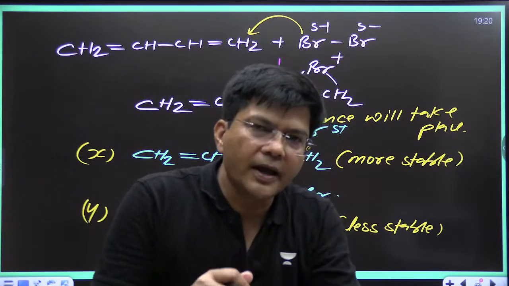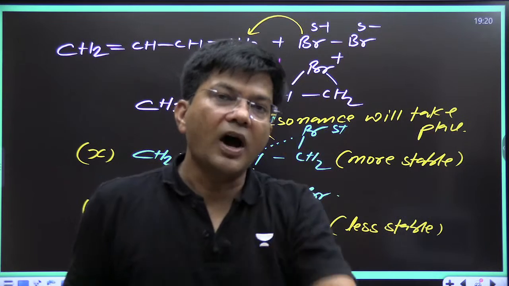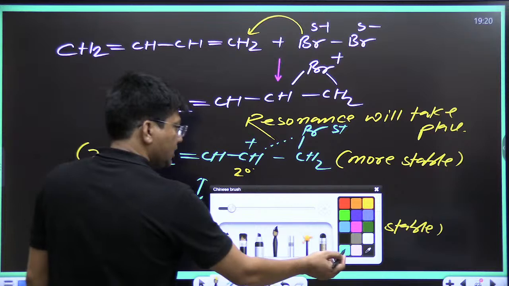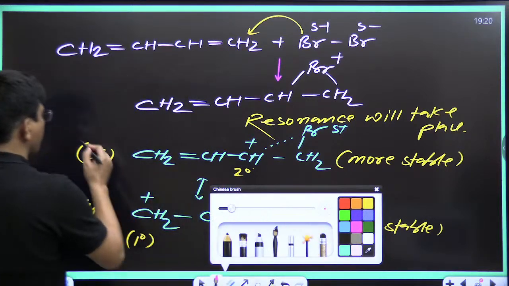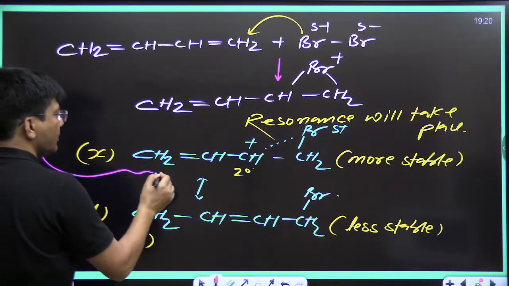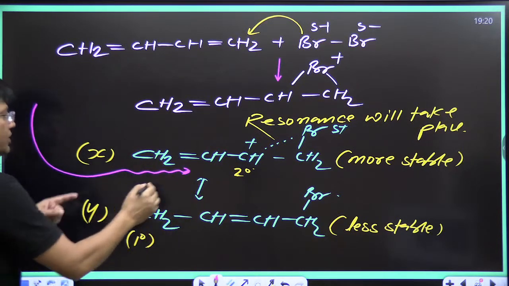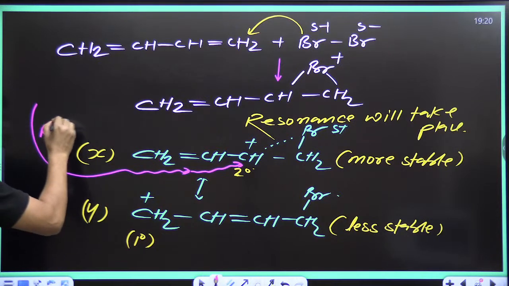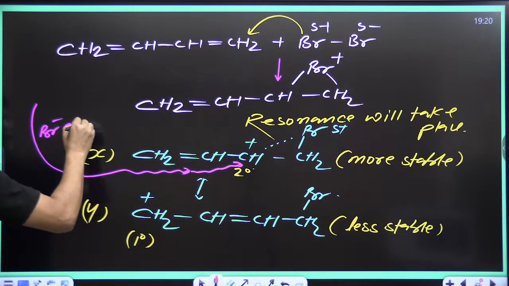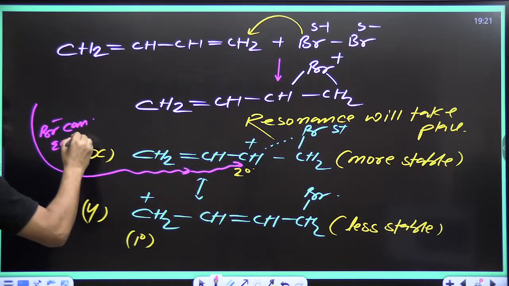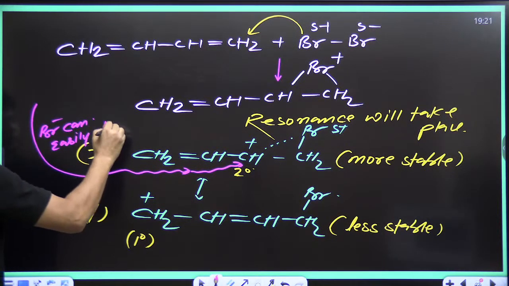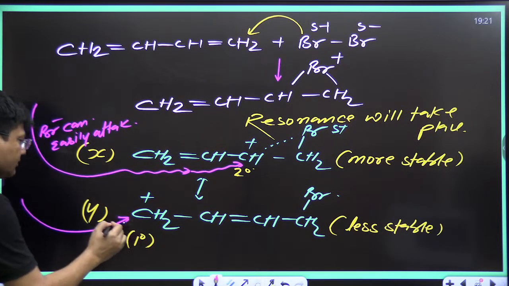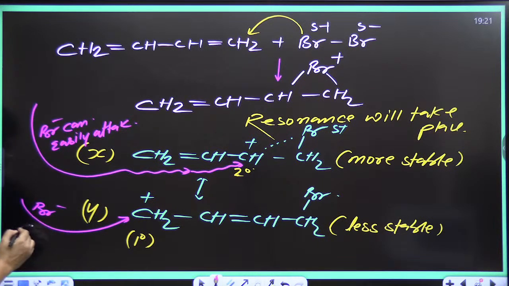So for the nucleophile, that is your Br negative, it's easier to attack on this carbocation. Br negative can easily attack here, and here Br negative can't easily attack.